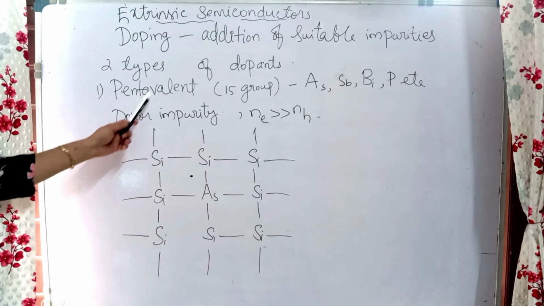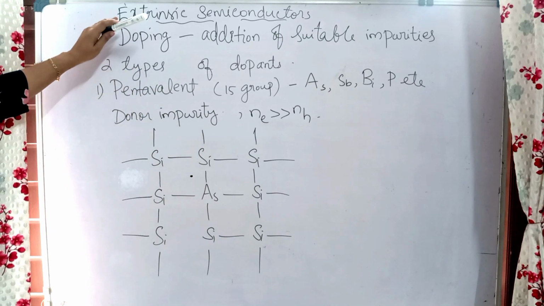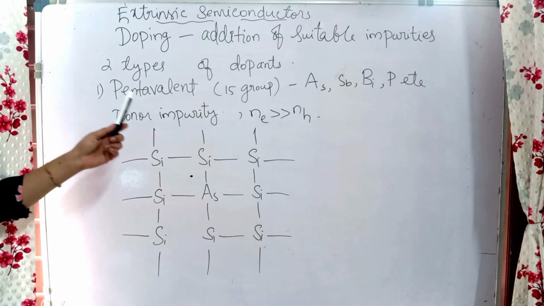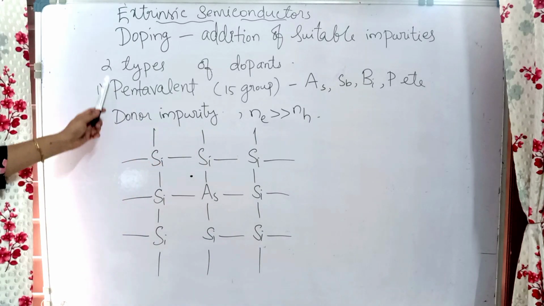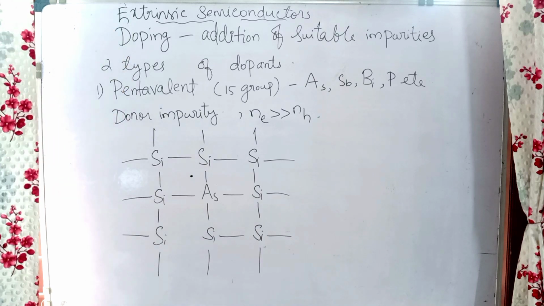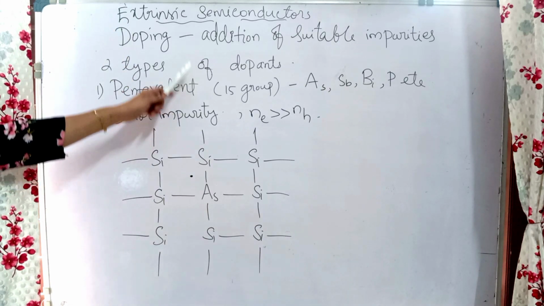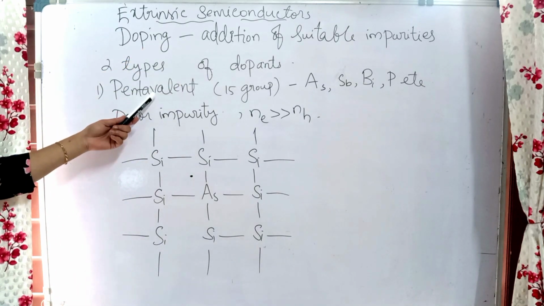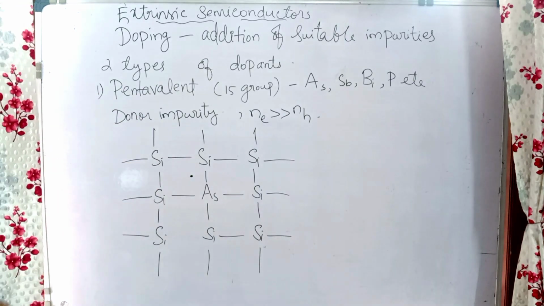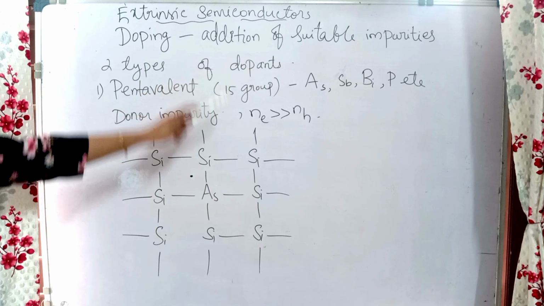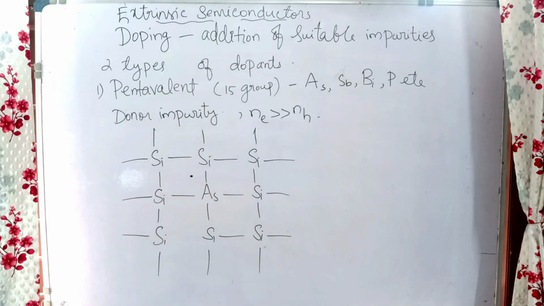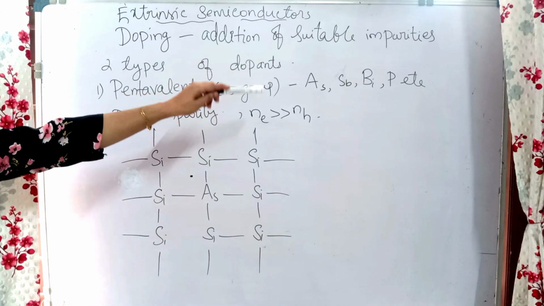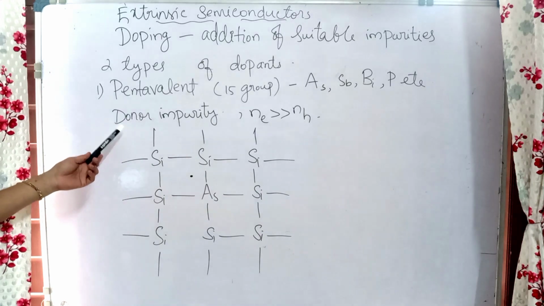That is pentavalent impurity. Whenever we talk about extrinsic semiconductors, we have to understand that there are two types. When we add a pentavalent impurity, it is called an N-type semiconductor. This is very important. Pentavalent means 15th group elements with 5 valence electrons in the outermost shell, such as arsenic, antimony, bismuth, and phosphorus, and this is called donor impurity.